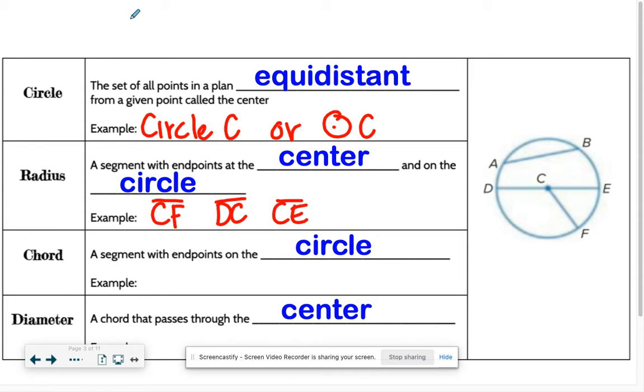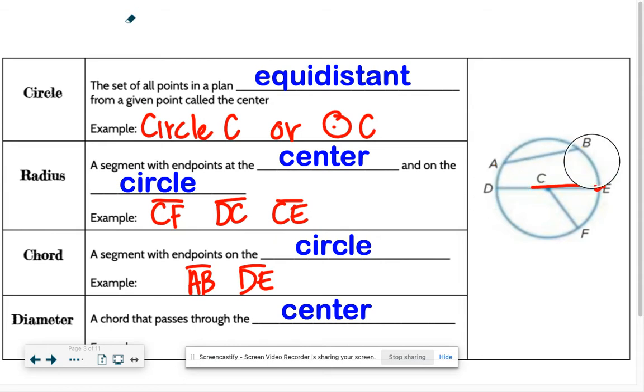A chord, this might be a new word for you, is a segment with both of its endpoints on the circle. So like AB, you see how both A and B are on the circle? So this right here is a chord. Same with DE. Both of the endpoints of that segment are on the circle, so it is a chord.